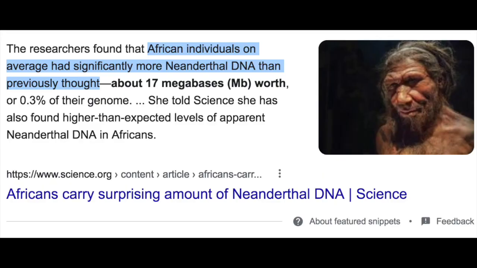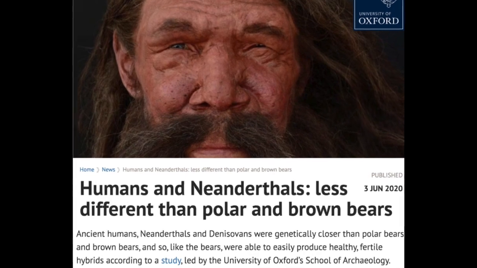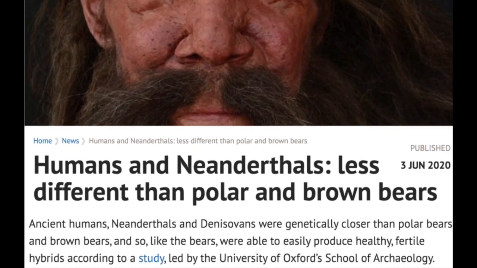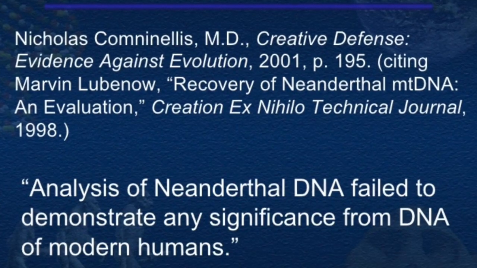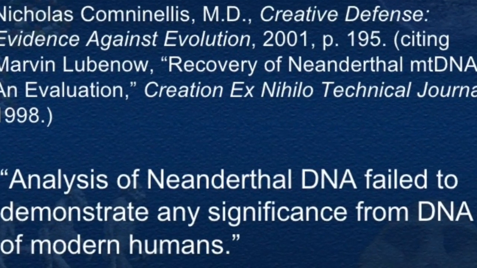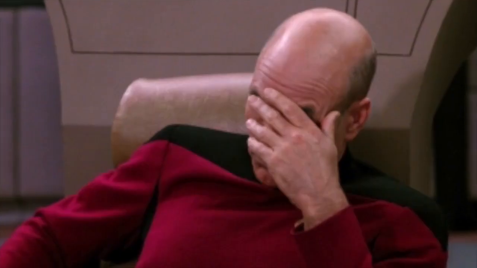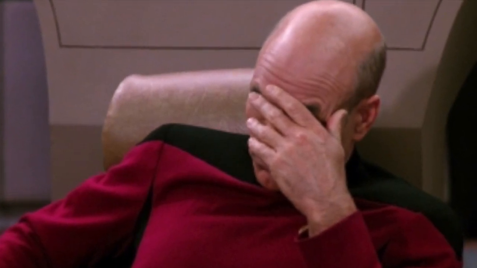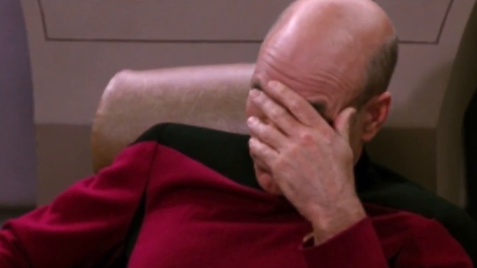But then they found that even Africans have their DNA in them as well, so that falsified that idea too. Basically, everything that they once said about them has turned out to be 100% wrong.